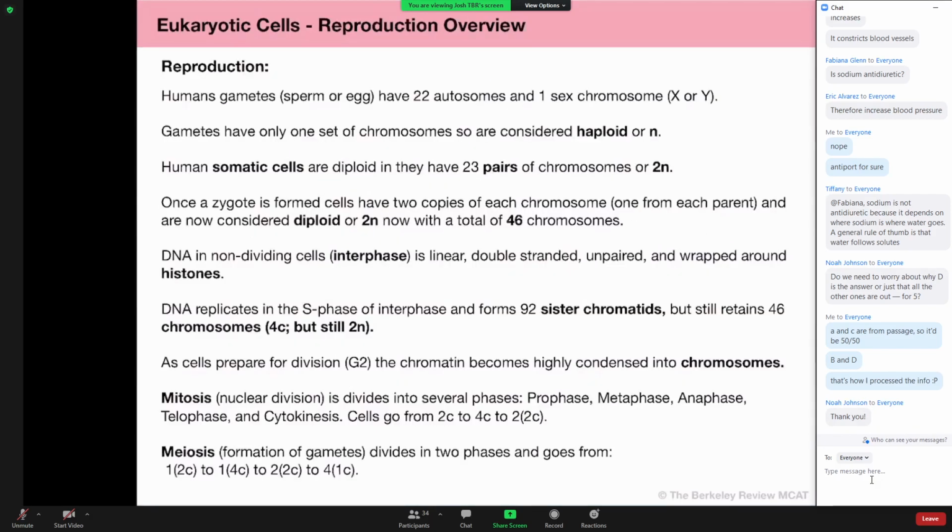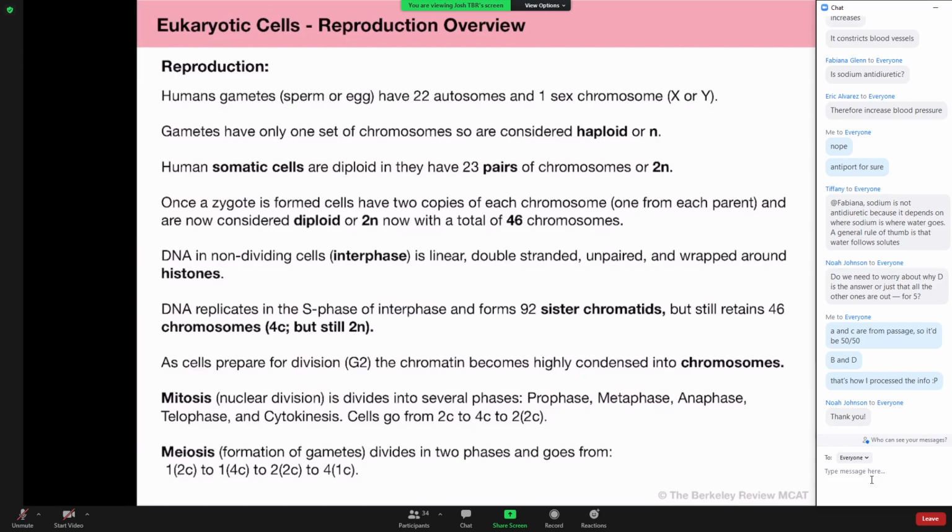Okay. So just to give a quick reproduction overview of eukaryotic cells, right? Human gametes, sperm or egg, they have 22 autosomes and 1 sex chromosome for a total of 23 chromosomes, which would be considered haploid or N. Okay.